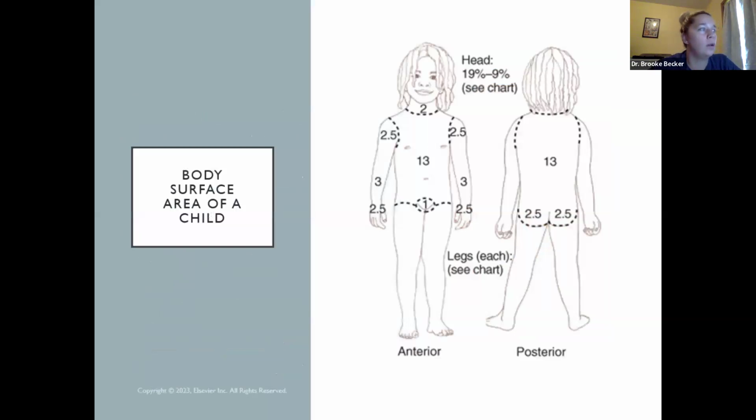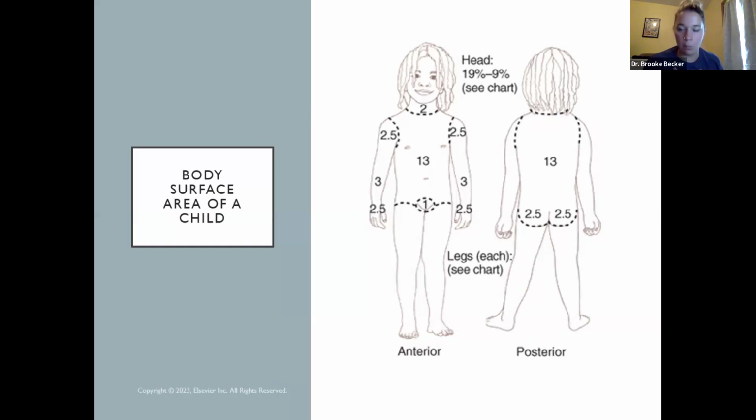So when looking at burns and trying to decide how severe they are, this is a good chart that tells you. So if kids have a burn to their trunk, that's going to be a higher area of their body surface area.